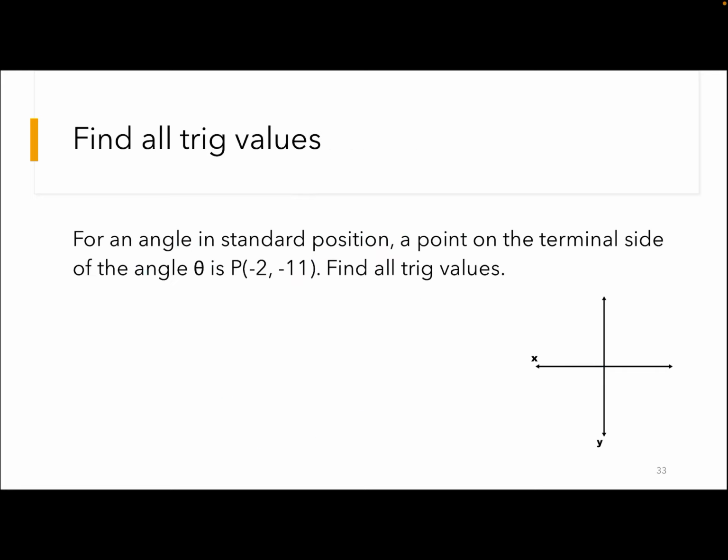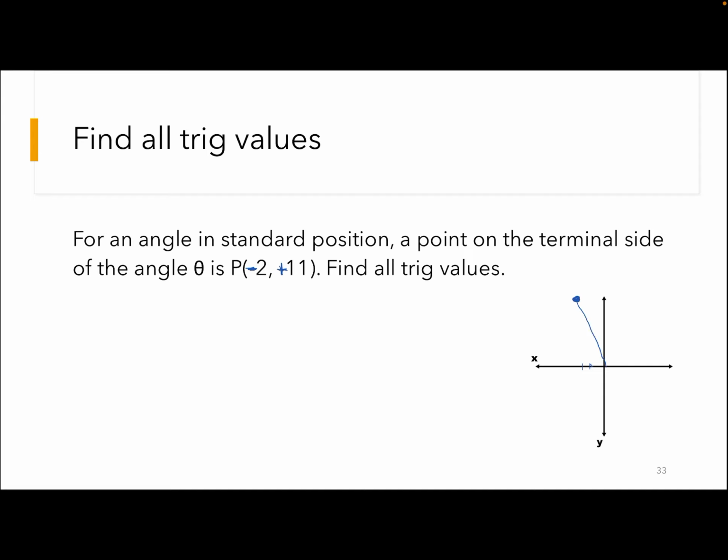All right. And the very last example is kind of the same question, but we are given a point on the terminal side. Let's make it -2, +11. So -2, +11 is up here.